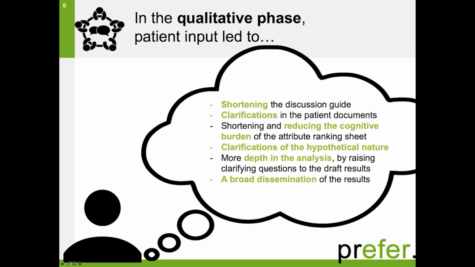They also helped clarify, make it really tailored in patient language, both the qualitative and the quantitative phase, so that it was all clear to patients. And by doing so, they helped reduce the cognitive burden of both phases.